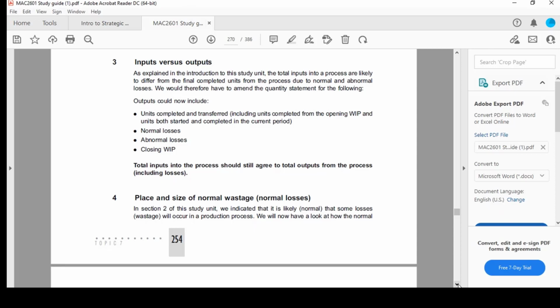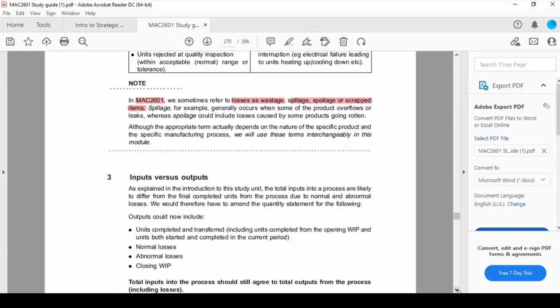When you spoke about spillage and wastage, would spillage be something that you cannot avoid, whereas spoilage is something that can definitely be avoided? Yes. Yeah, I'd say that. So spillage, something overflows or leaks.